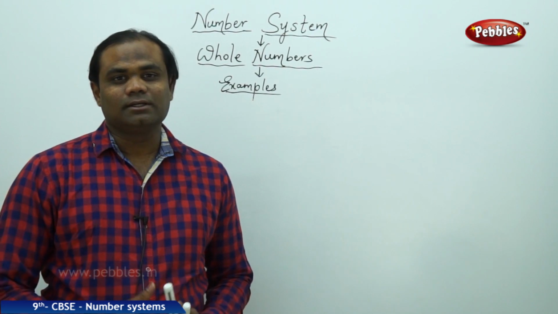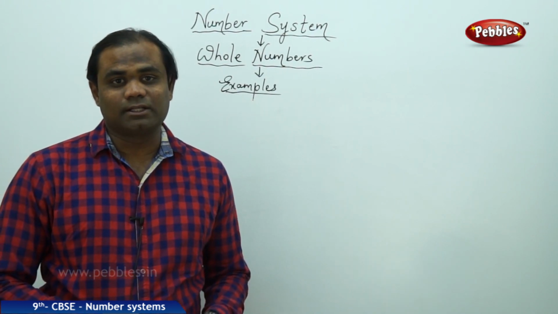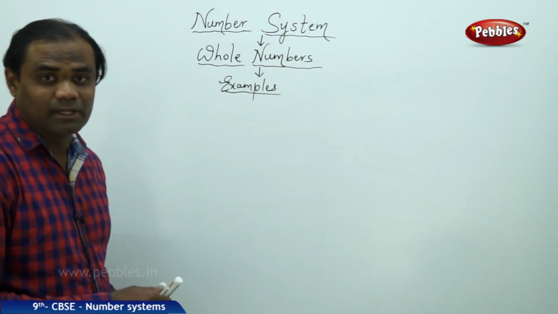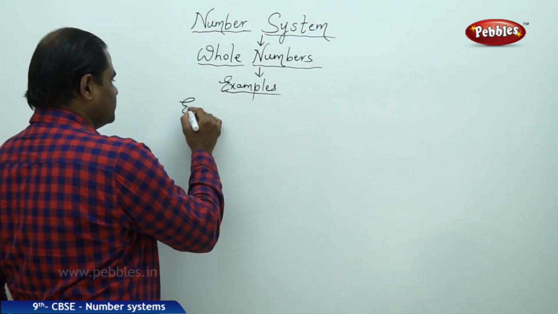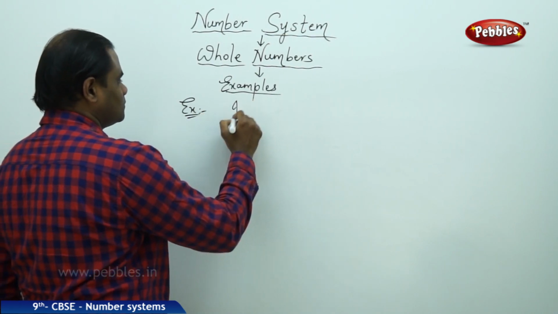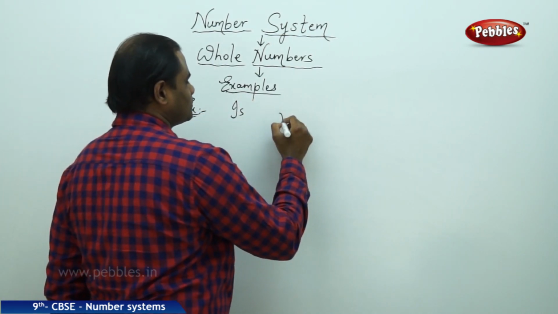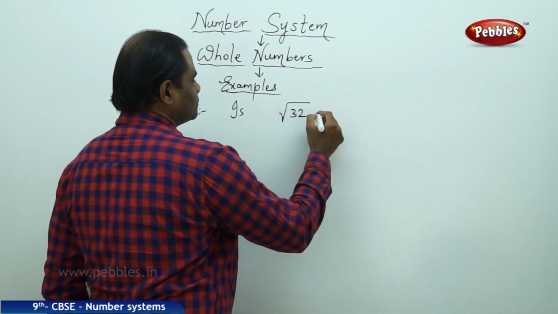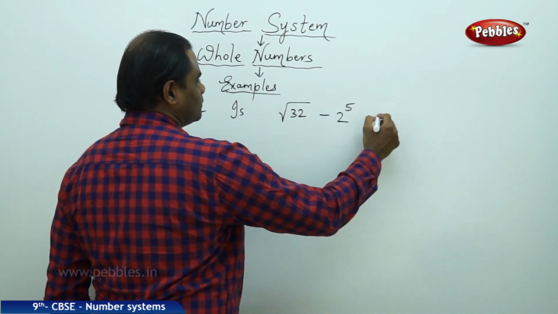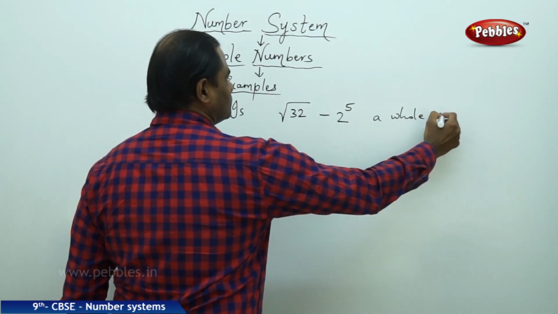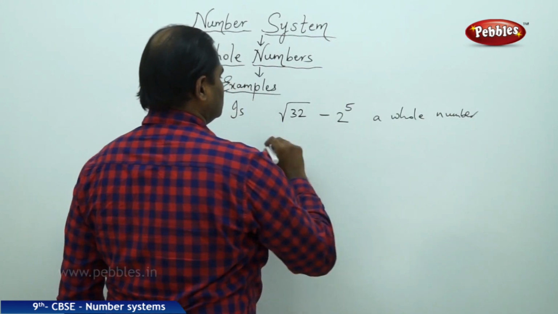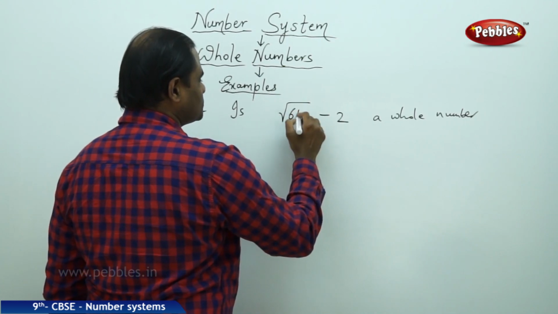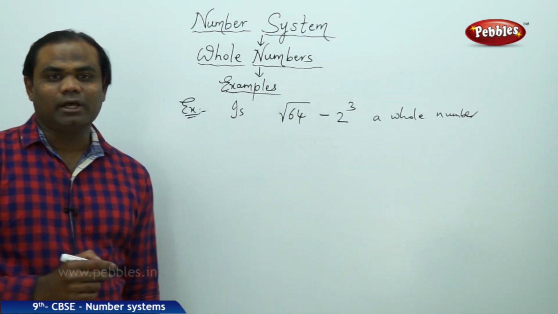Now let's see some complex examples to understand the concept of whole numbers more strongly. For example, I have the question: is root 32 minus 2 power 5 a whole number? Or I take this to be root 64 minus 2 cube, is it a whole number?